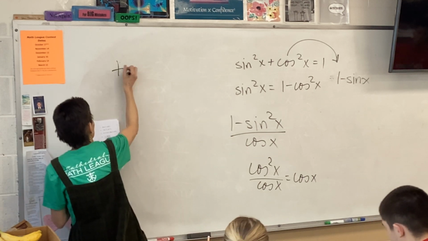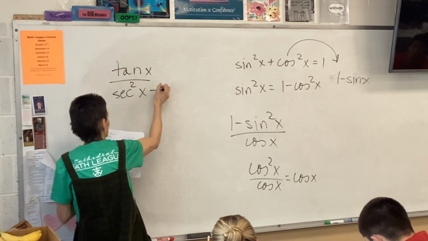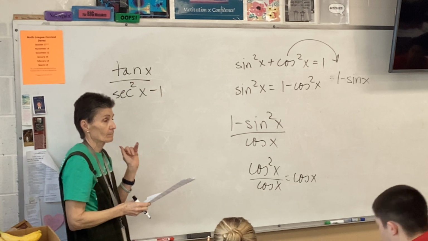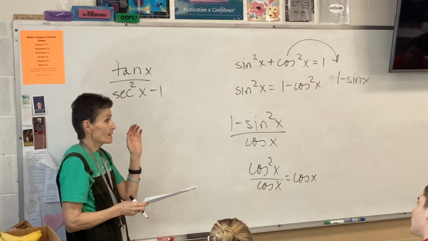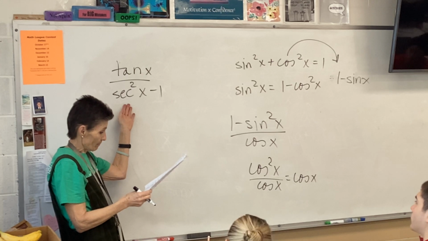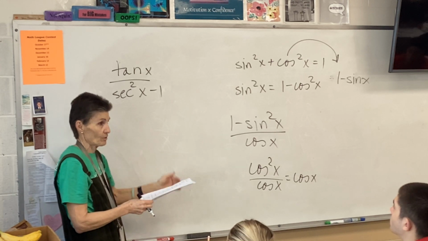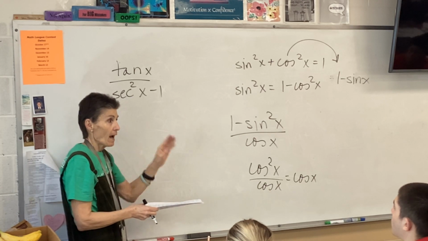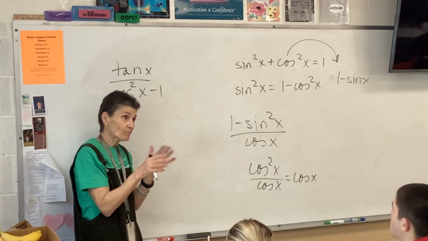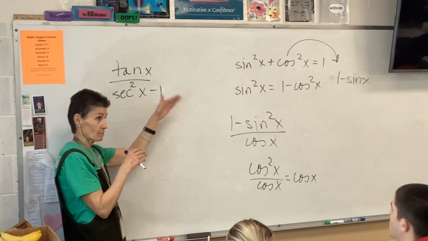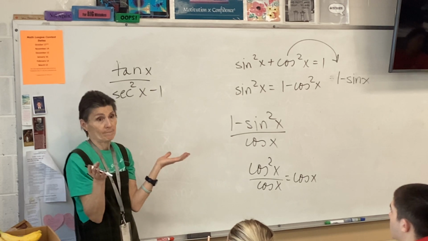Okay, now Jack, number 11 involves tangent. All right, so this is number 11. Does the denominator factor? Yes. However, that would not be wrong, but after you factor it, secant plus 1, secant minus 1, will that do you any good?